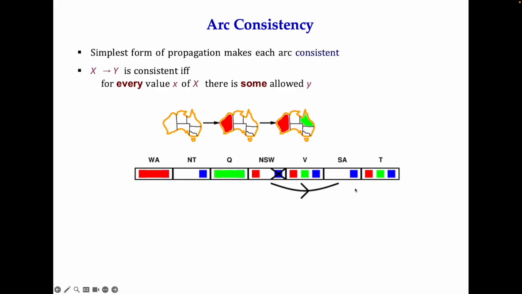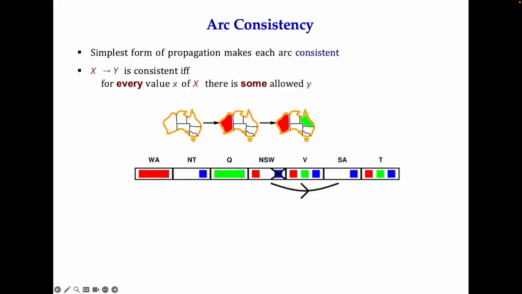And so what would forward checking have done if you were doing forward checking? It would have proceeded until it found no legal values for a certain country, and then it would have backtracked. When you assign these colors to Western Australia and Queensland, right, it just checked the direct neighbors and only removed the values from the direct neighbors, but doesn't go any deeper, for example, to this region.